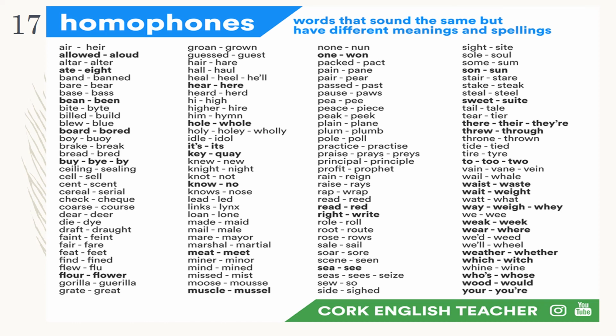A homonym is a word having the same sound and perhaps the same spelling as another, but with a different meaning. When it comes to homophones, homophones sound the same but are spelled differently from each other. They also have different meanings. The words below are all homophones.